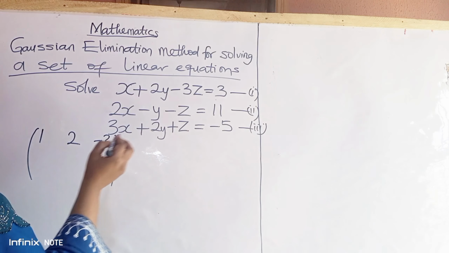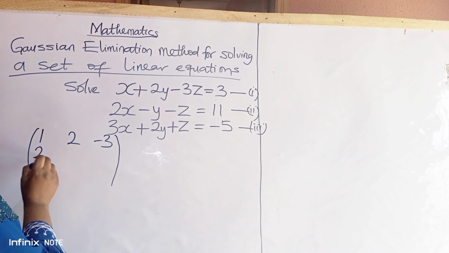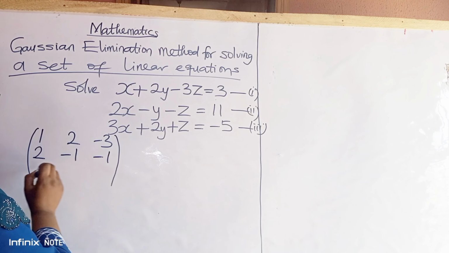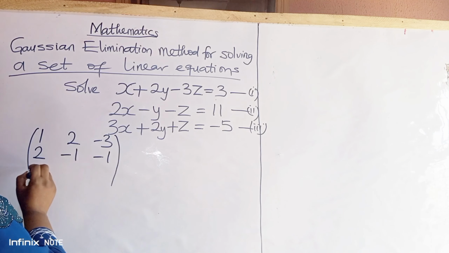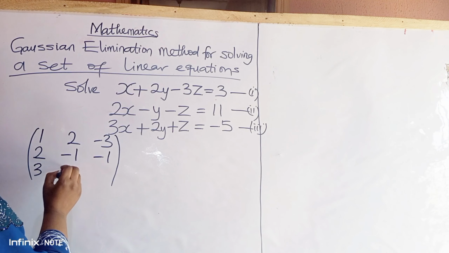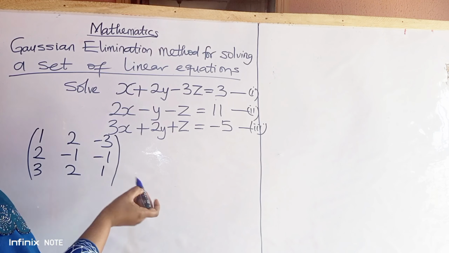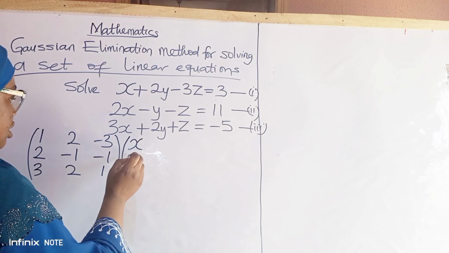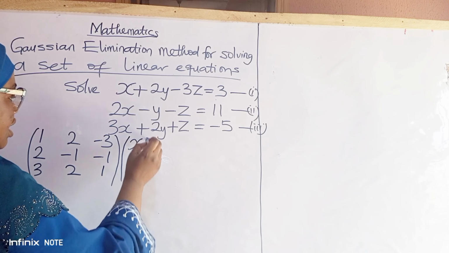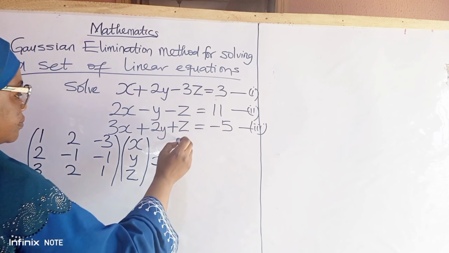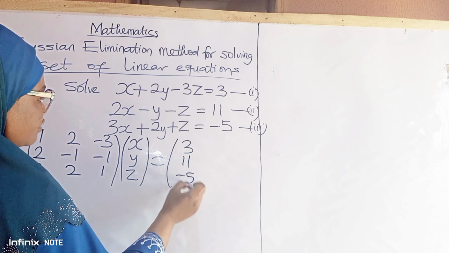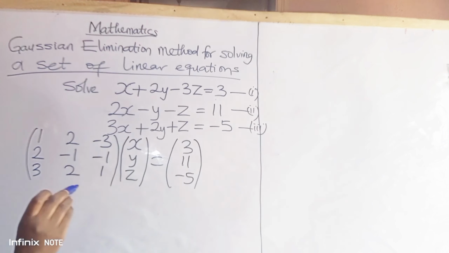For the second equation, 2, minus 1, minus 1. For the third equation, 3, 2, 1. Then let's write out the unknowns x, y, z. Then the solution: 3, 11, minus 5.